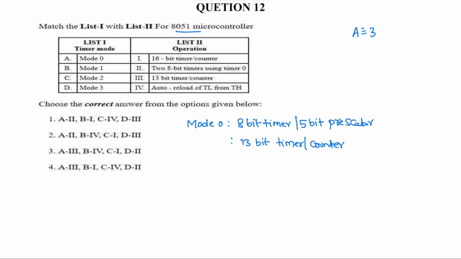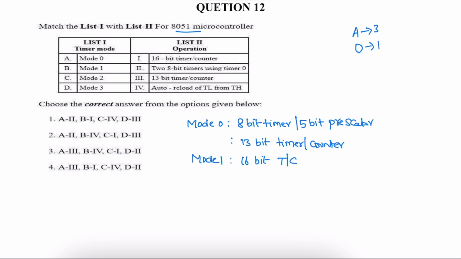Next, mode 1 is a 16-bit timer or counter. So that is B is 1. A is 3, B is 1.